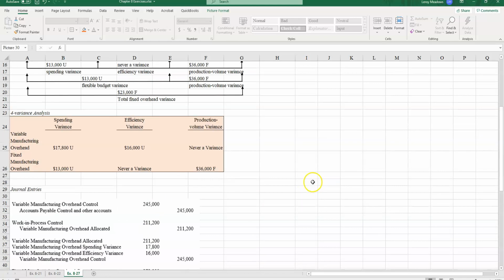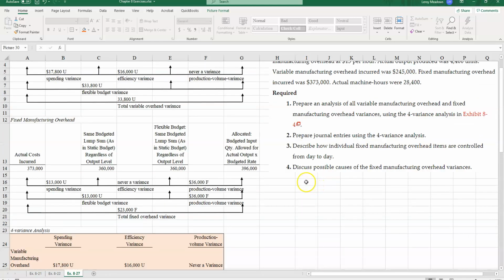So now let's take a look here. How are individual fixed manufacturing items controlled on a day-to-day basis? Well, by and large, they're not affected very much on a day-to-day basis. That's because upper management has a long-term view of the company and their plans and their budgeting plans and so forth.